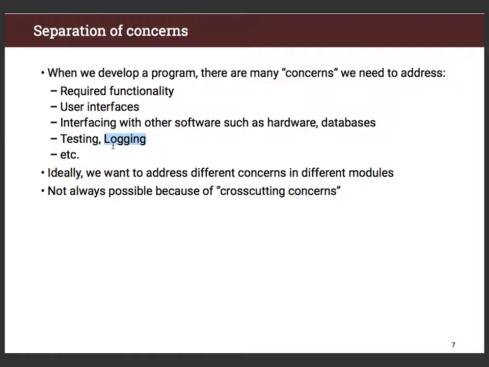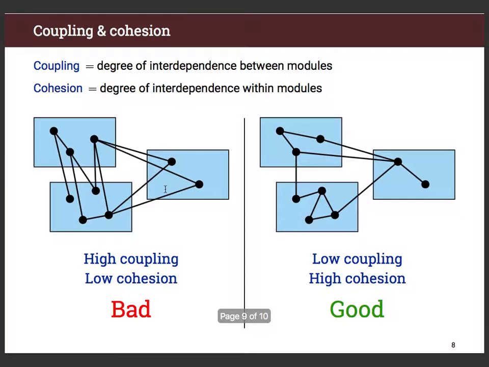I probably also want to log the functionality and the user interface because I can have problems there as well. Testing the same. I want to test everything, not just the functionality, but the interface, how it works with other things. So separation of concerns is a term we use to say that is the motivation for structured modular programming. We want to separate our concerns into separate modules, separate packages that we can combine together.